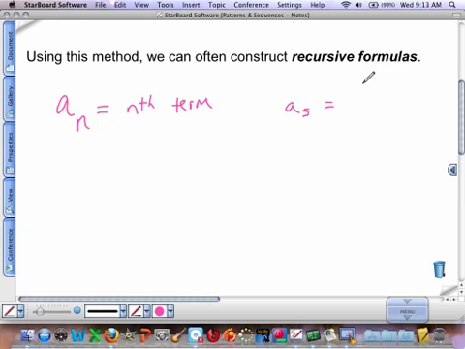If a sub n is the nth term, what is a sub 5? The 5th term of the sequence. By the way, what is the term before a sub 5? a sub 4. It's one less than this, right? So what's the previous term of a sub n?